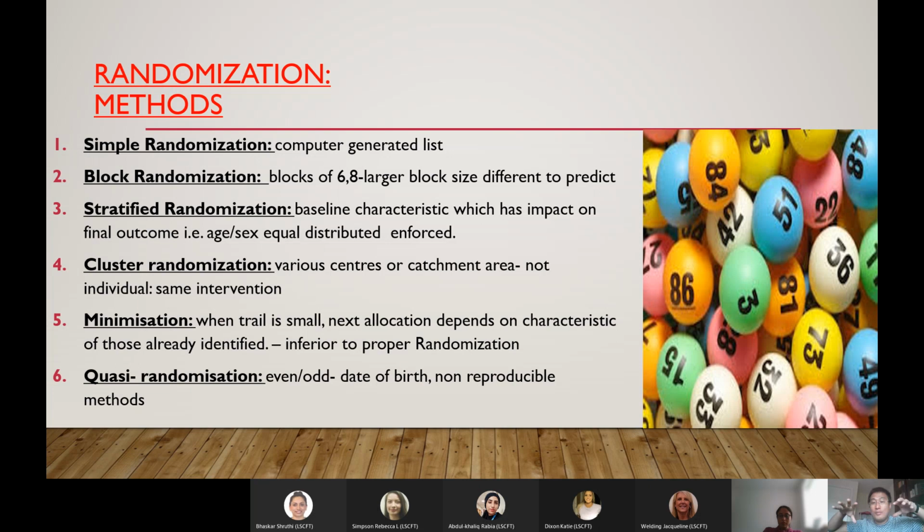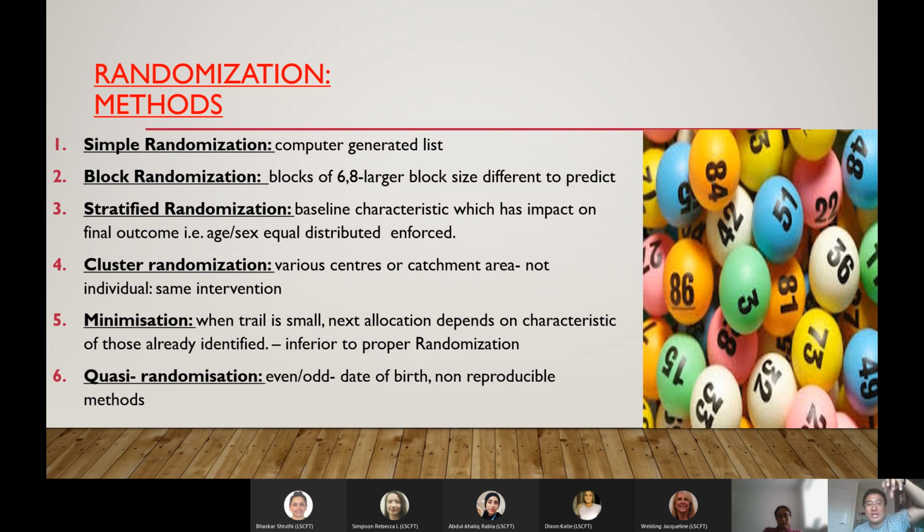So the method is randomization. In randomization, you don't know where the population is placed. Okay, so this increases the power of the study. If it is a stratified randomization, they are distributed as per the age and the sex. Okay, if it is a cluster, that is a catchment area. Okay, so various catchment areas.